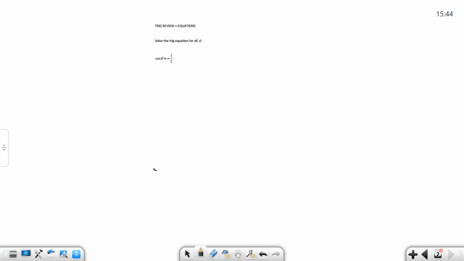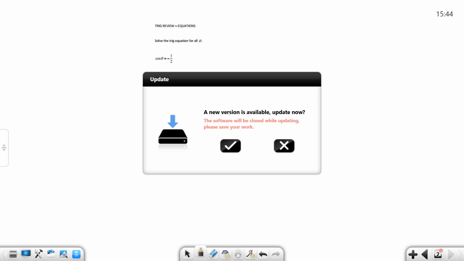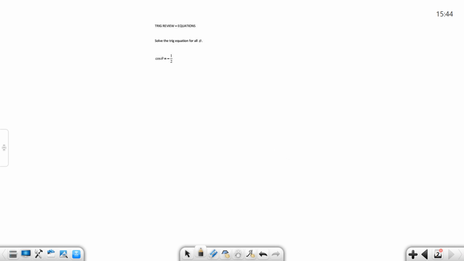What I know about this first is I need to find which reference angle gives me the 1/2. So I'm going to forget the negative for just a second and just deal with the 1/2. If I think about it, drawing up a special triangle, cosine is adjacent over hypotenuse.